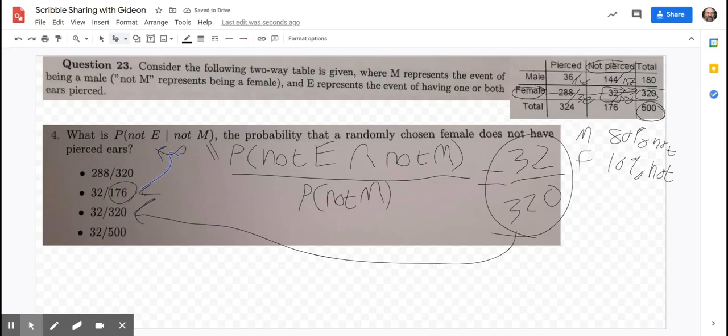The 288 over 320, I think that might be the not applied too many times. I think 288 plus 32 is 320. So I think that's applying the not too much. Or maybe that's just misreading, right?